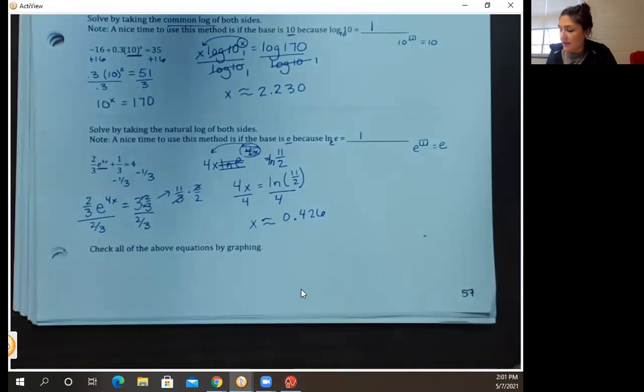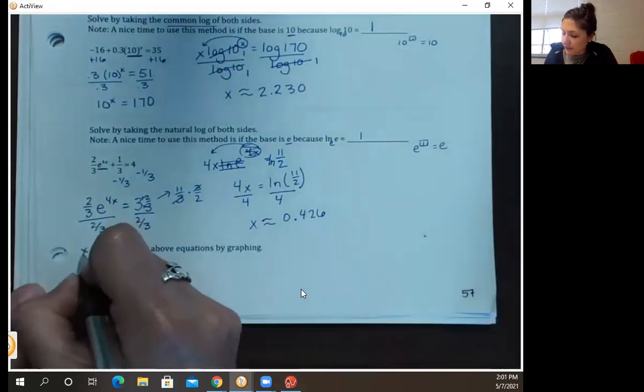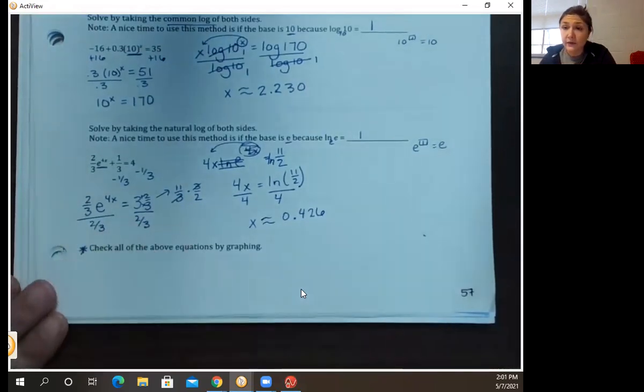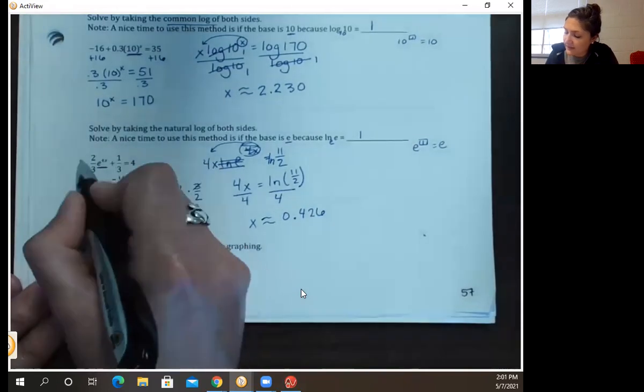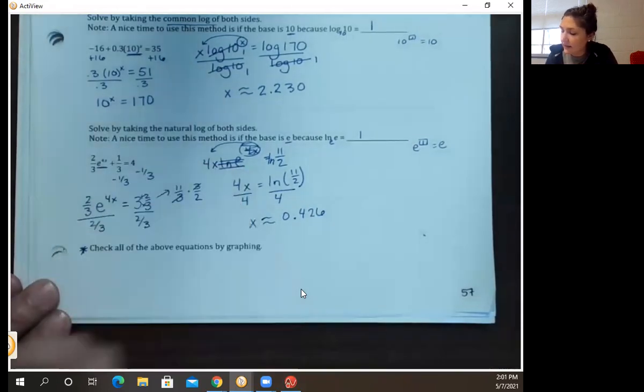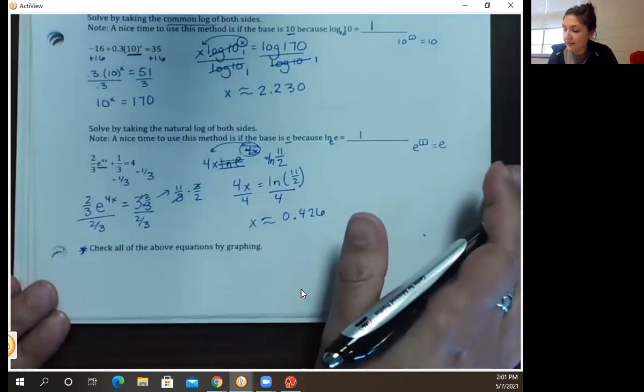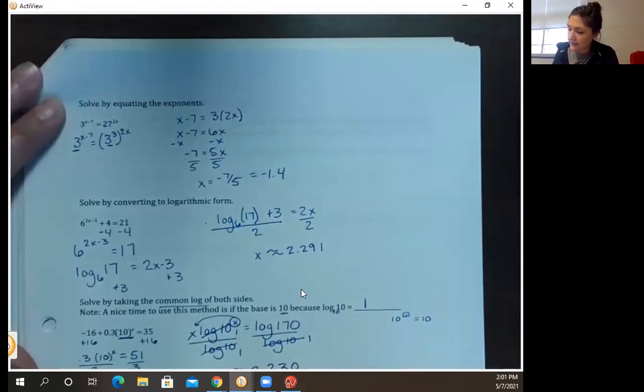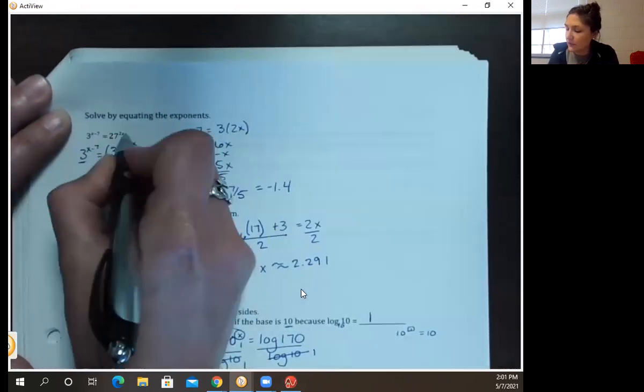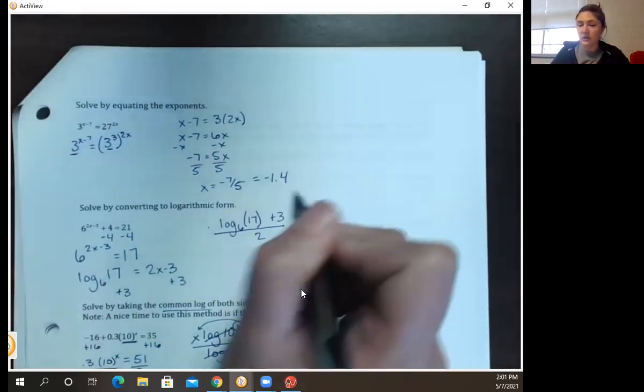Okay. And then remember, you can always check your work with a graph. So graph the left side, graph the right side, and look for your intersection. We looked at a log problem before, let's take a look at that with an exponent on both sides problem. Let's check our solution here.